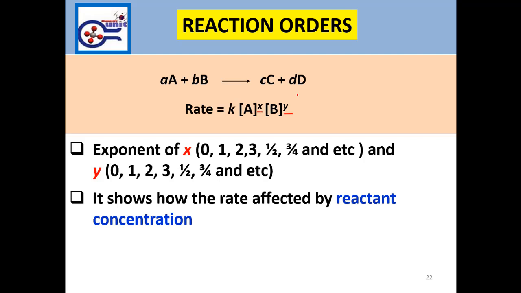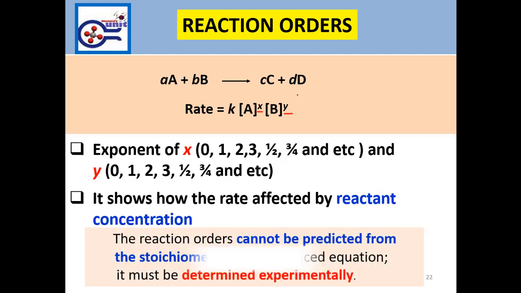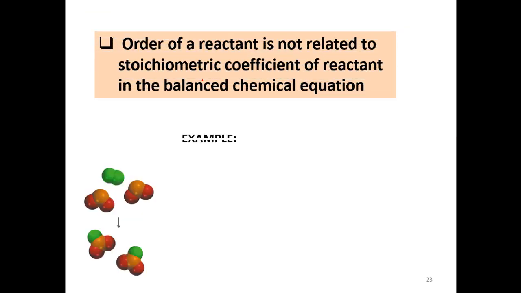So it shows how rate is affected by reactant punya concentration. Seperti yang saya bagi tahu, value X dengan Y ni kita bukan ambil daripada number of mole daripada equation kita, so it must be determined experimentally.